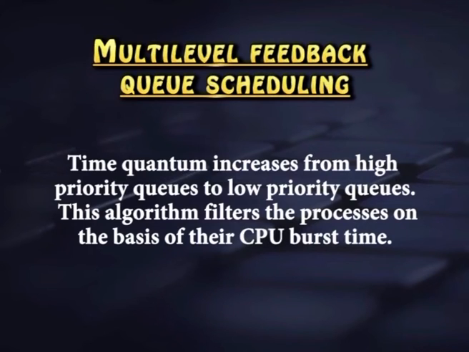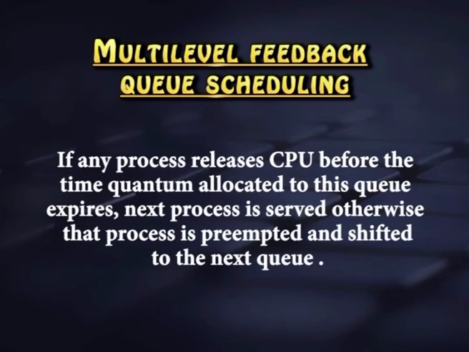This algorithm filters the processes on the basis of their CPU burst time. Initially, all the processes are put in the highest priority queue with a fixed and smallest time quantum. CPU serves the processes from this queue one by one in FCFS fashion. If any process releases CPU before the time quantum allocated to this queue expires, next process is served, otherwise that process is preempted and shifted to the next queue.